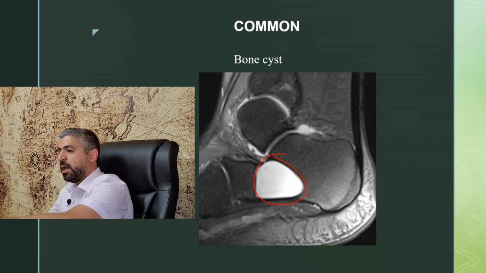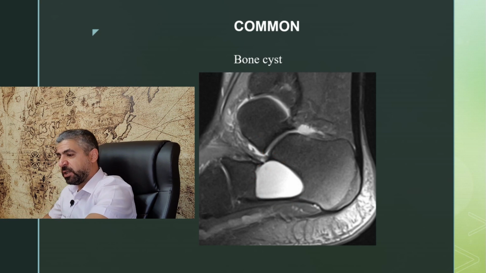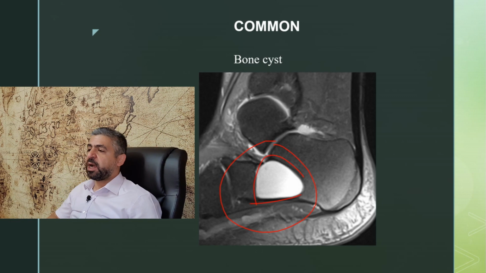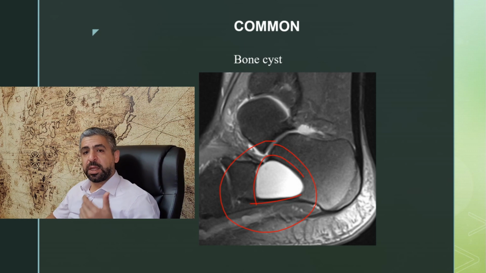It's well defined, it's hyperintense on T2 weighted fat saturated images, it has clear surrounding bone marrow, there's no surrounding bone marrow edema, the surrounding cortex is intact, and it's simply consistent with a simple bone cyst.